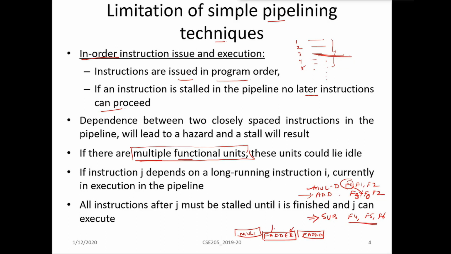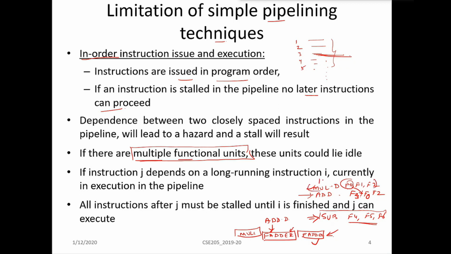Add is scheduled in one functional unit, so we have one extra functional unit. Since instructions are issued in program order, though the subtract is capable of executing and the functional unit is also available, it will still be idle, because this is a long running instruction.